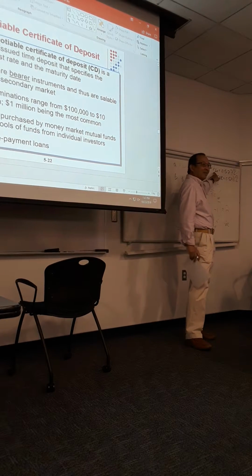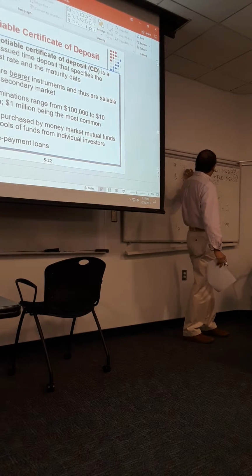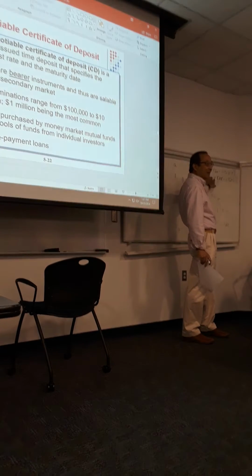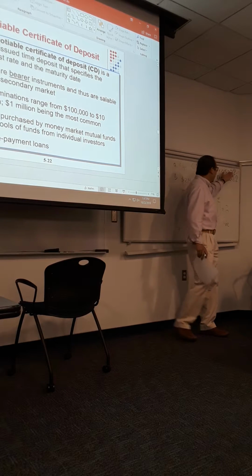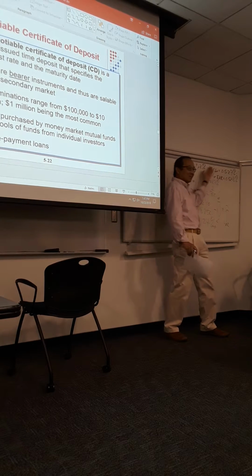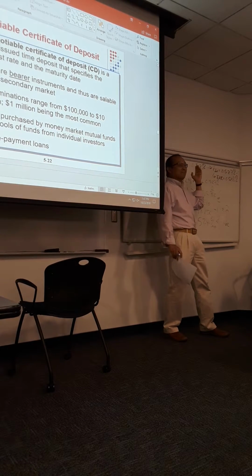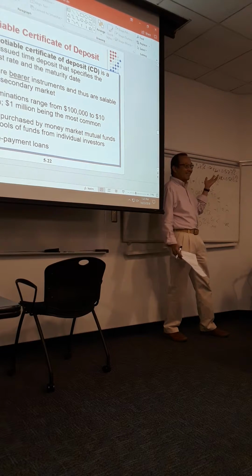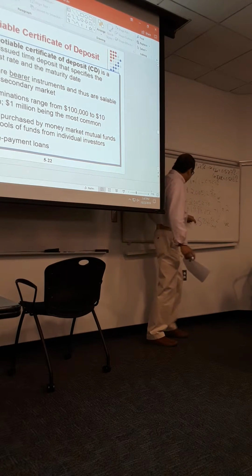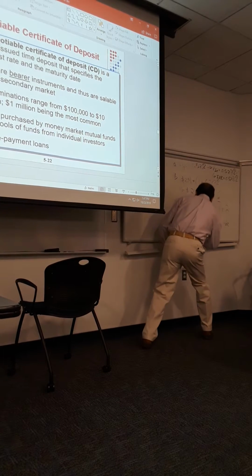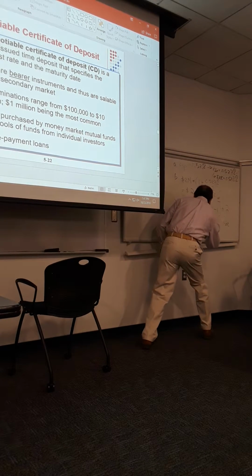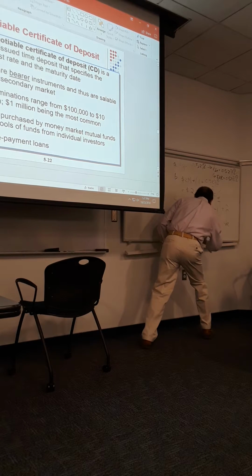What have we learned here? We multiply the ISP by what? 365 divided by 360, right? To get the IBE. Now we need to come this way. Exactly. So we multiply this IBE by 360 over 365.